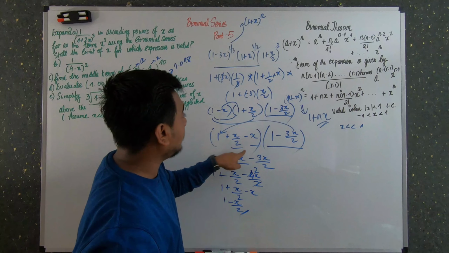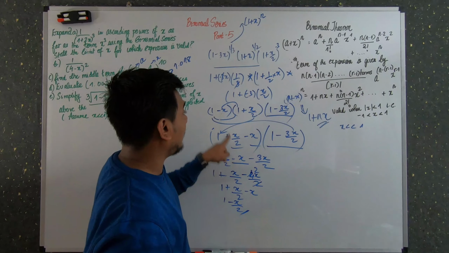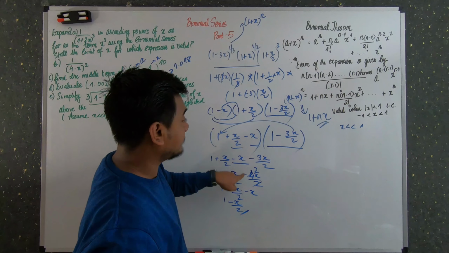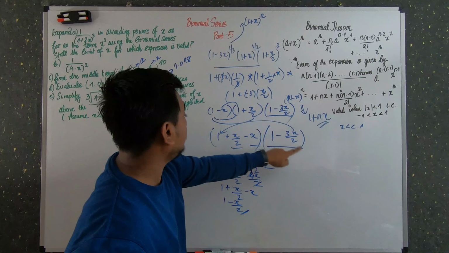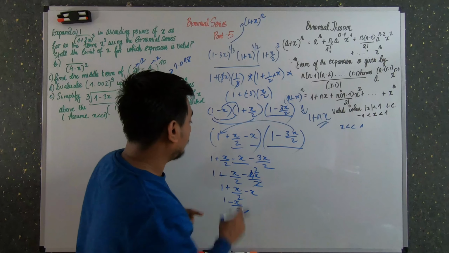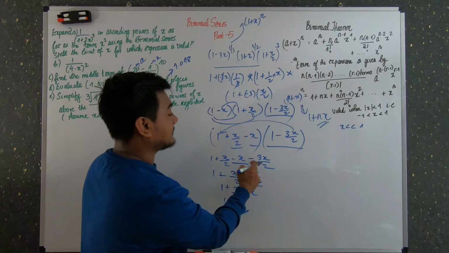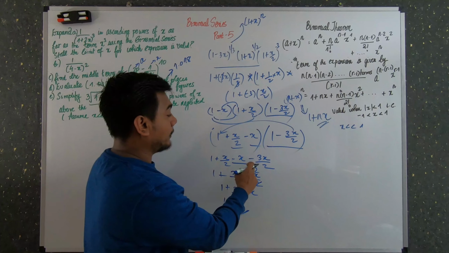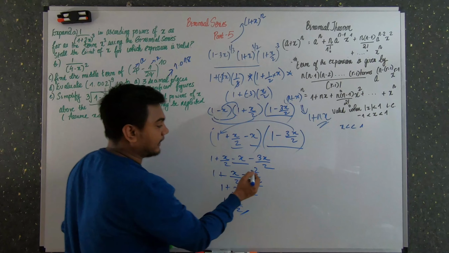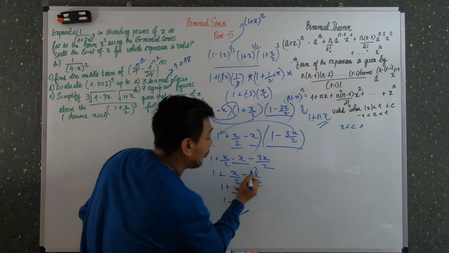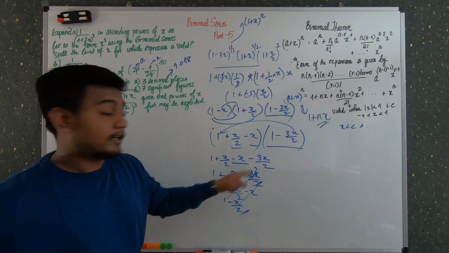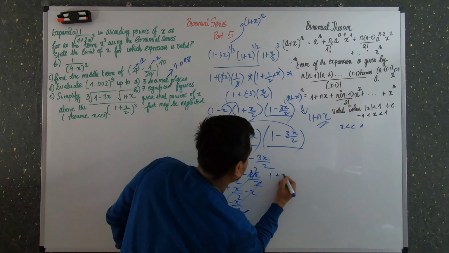1 plus x by 2 minus x, again 1 into minus 3x by 2. Okay, so here minus x is what, minus x by 2. I did a small mistake I think here, because it becomes minus 2x. So I did a small mistake in the last section. It is like that, 1 plus x by 2.